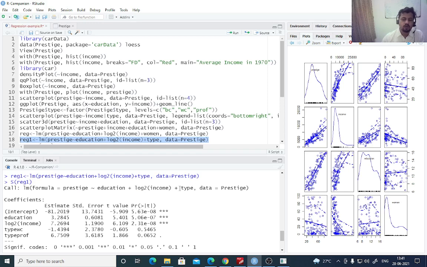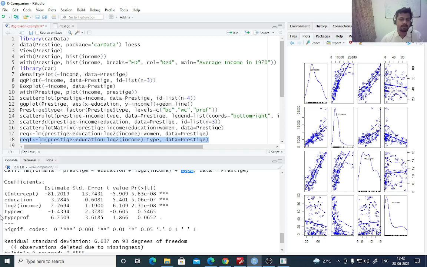But since occupation type has 3 categories, if you have some very basic knowledge of dummy variables, we generally understand that if a dummy variable has m categories, the number of dummies assigned, if you have an intercept term included in the model, should be 1 less than the number of categories. That's why, since type of occupation has 3 categories, we have 2 dummies created: type WC and type prof. It means the intercept term is for the type blue collar.